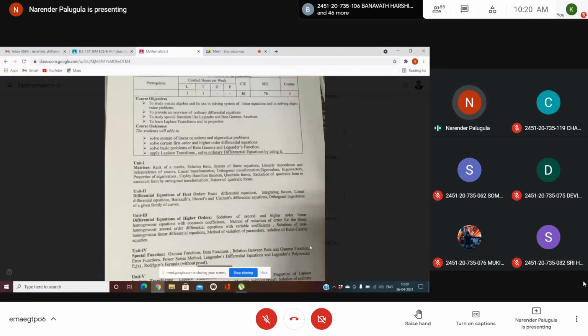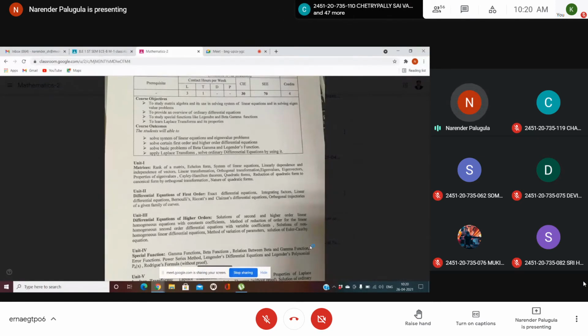First content: exact differential equations. What is an exact differential equation and how to solve it? What is the procedure? Second, integrating factor: for non-exact differential equations, you use an integrating factor. Third, linear differential equations. Fourth, Bernoulli differential equations.